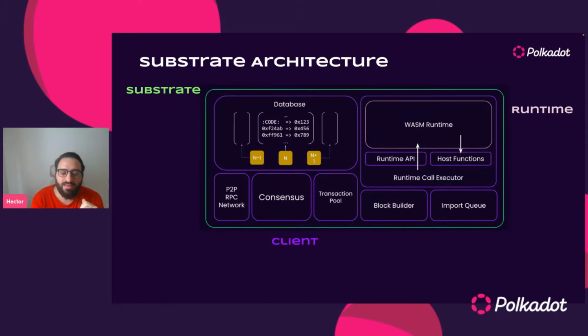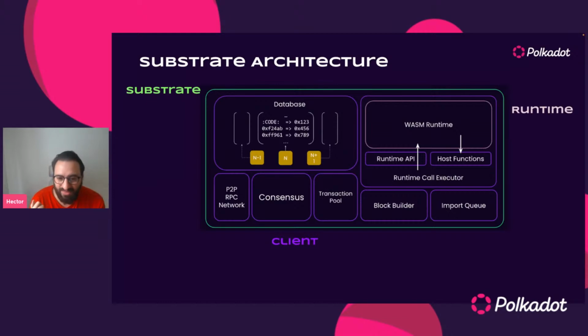So it's important, before we dive into the aspects of the client side, to go through the software architecture in general, the big picture. You have the Substrate node. When you download it, what you have is a set of components.